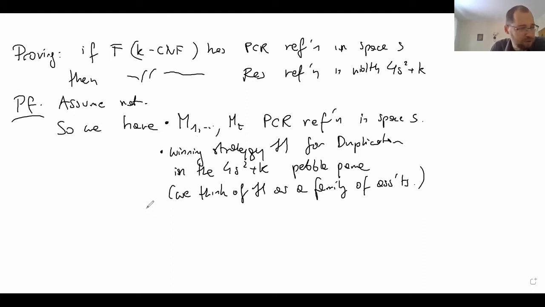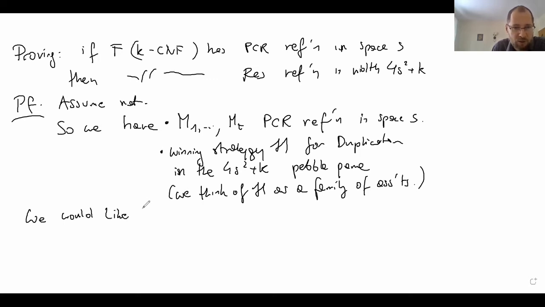So let me, before we get into the nitty-gritty, mention a potential difficulty. We would like, that would be the neatest, and if it could really work, it would potentially give a linear upper bound on the width needed to refute F, not just quadratic in terms of the space.